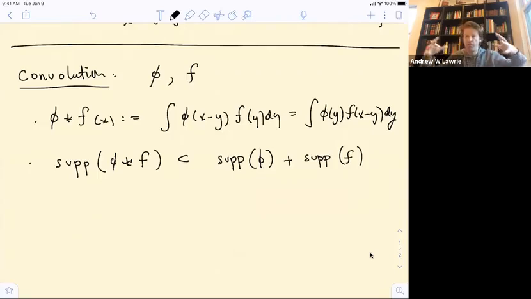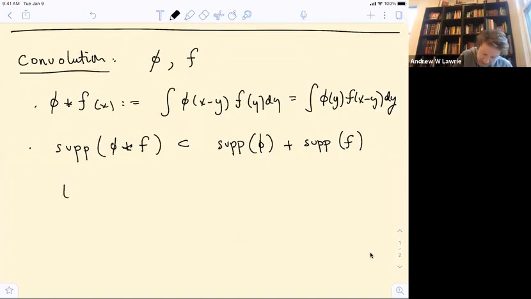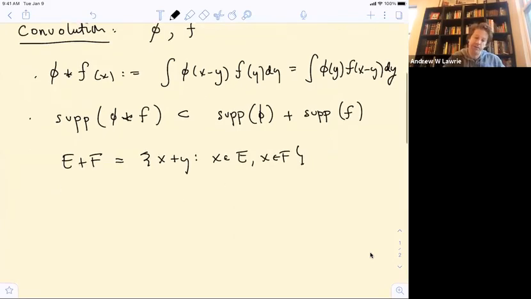Then you can take a compactly supported function, convolve with another, like a little bump function, and you still get a compactly supported function, but it's blurred out, so the support is enlarged a bit. Here E plus F is set summation: the set of x plus y such that x is in E, y is in F. So I'm just going to state some of these facts and you can check them.